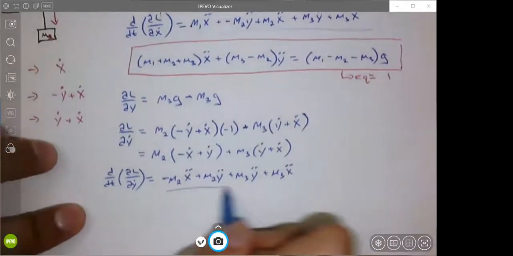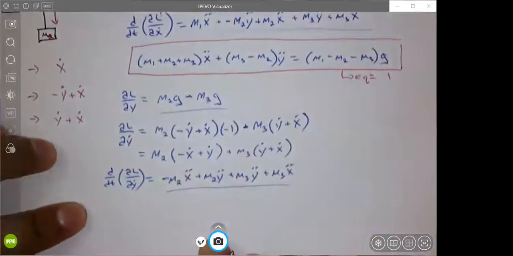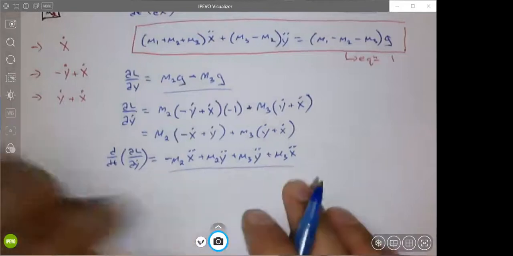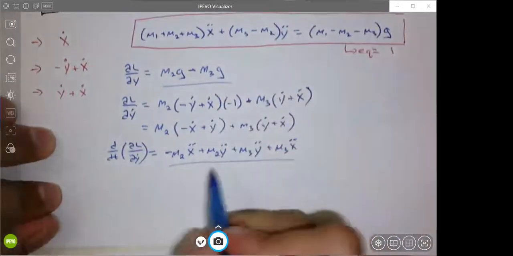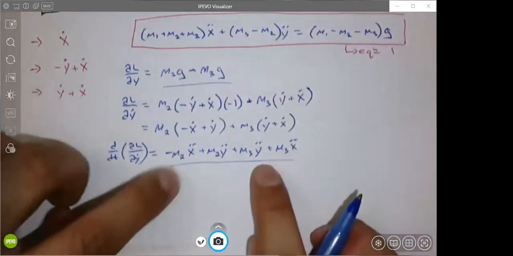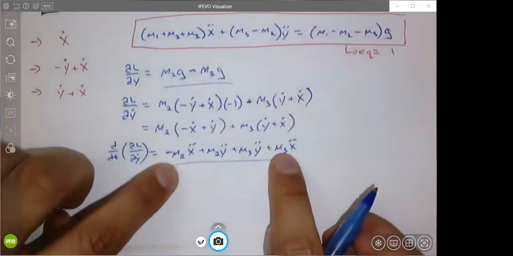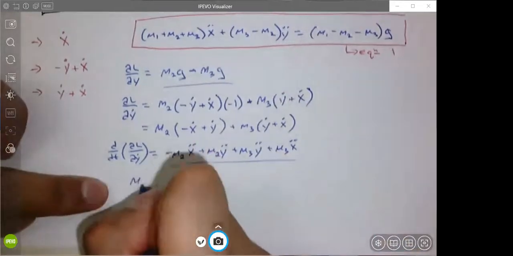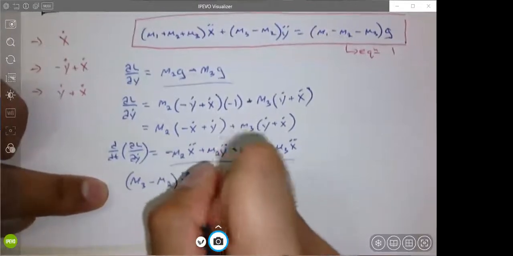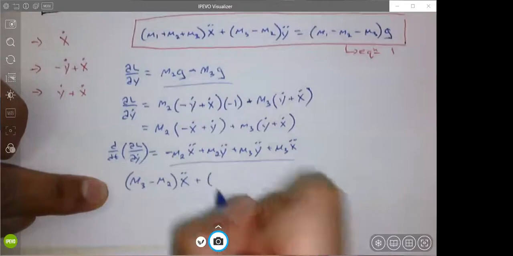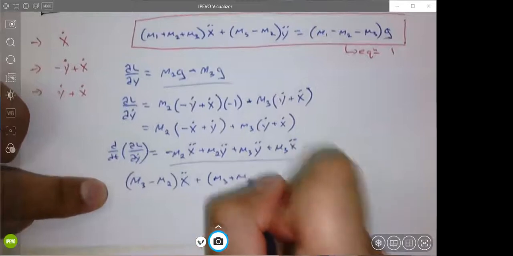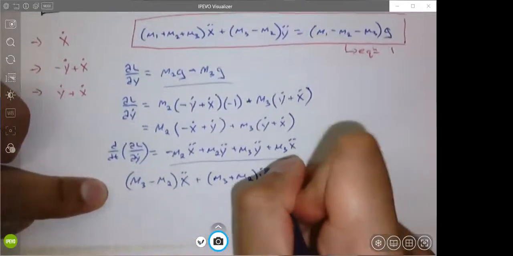So we have this, and we can set it equal to this term right here, and we will have equation 2. So what I'll do is I'll separate the x and y's out just like I did in this top equation here. If I do that, we have an x double dot here. It's going to be m3 minus m2 x double dot plus m3 plus m2 y double dot.